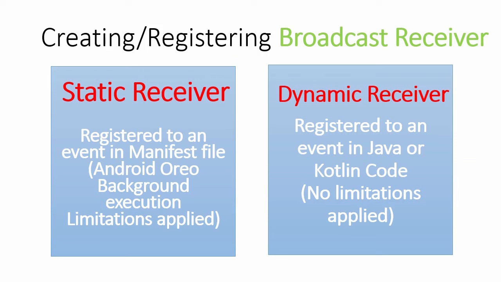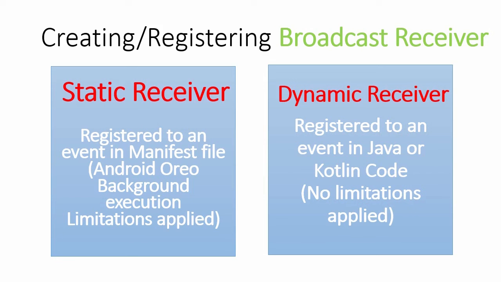Now, to create a broadcast receiver, you should create 2 types of receiver. One is static and one is dynamic. Both have different usage. Let's suppose I am receiving something from the operating system, like enabling Bluetooth or enabling airplane mode.